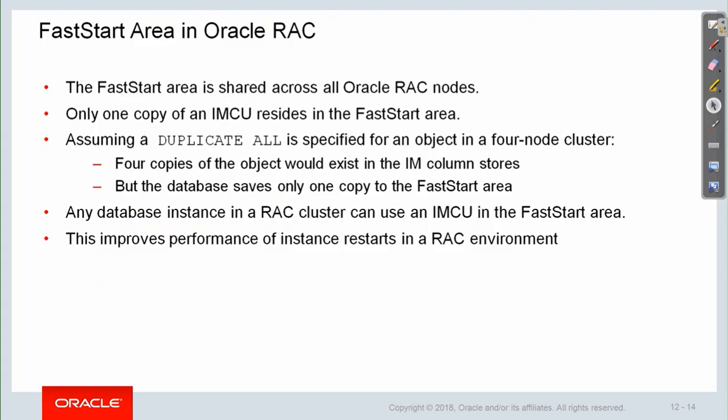Only one copy of the in-memory columnar format unit resides in the fast start area. So if your environment is Exadata, each instance has a duplicated copy, but it doesn't mean that we have to store multiple copies in the fast start area. We only need one copy. So next time when we restart, a single copy will be stored in each instance.